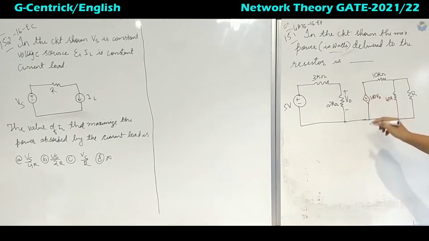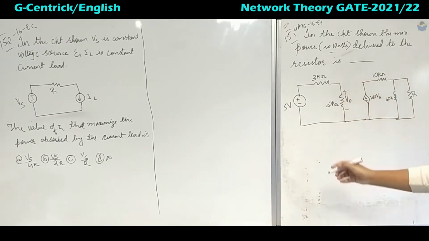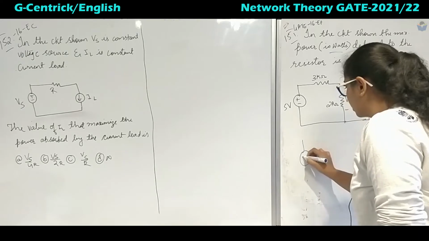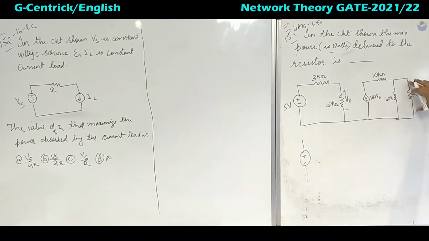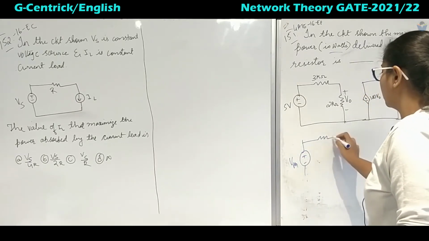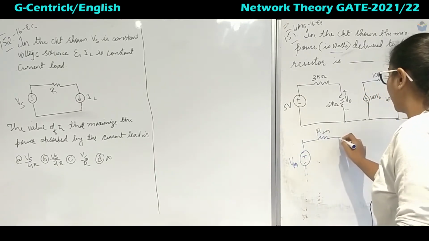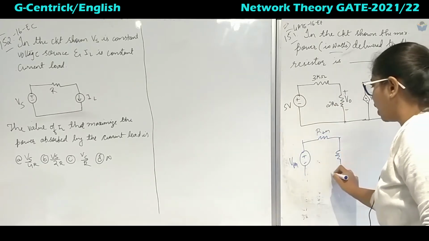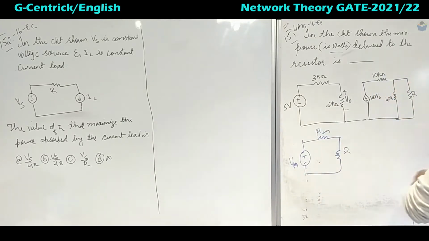Now if you see this circuit, it can be replaced with, okay, this can be eliminated, and here we can replace it with VTH, RTH and this resistor R. What we have to find is only the power delivered in this R, that is the maximum power.